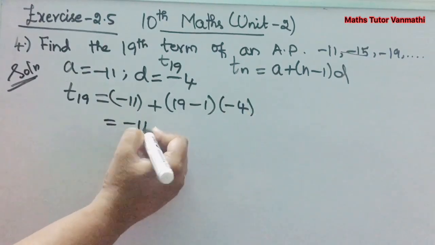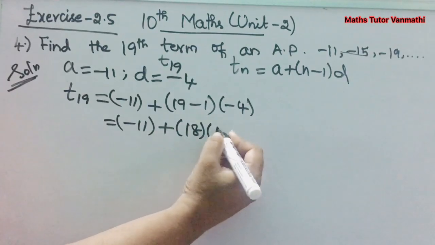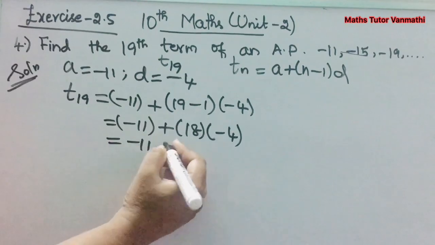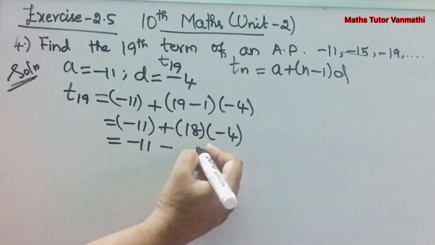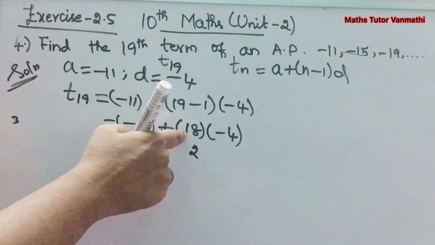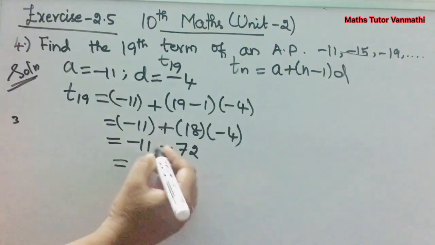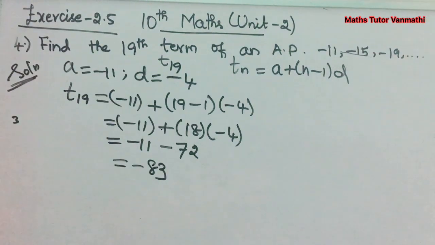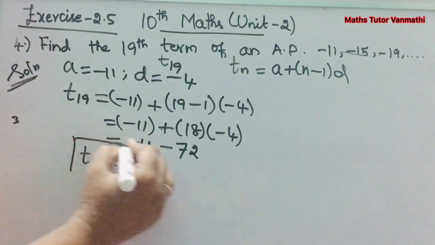You will get minus 11 plus 18 into minus 4. 4 8s are 32, 2 remainder 3, 4 1s are 4, 5, 6, 7, minus 72. You will get minus 83. Okay, clear? This is your T19.